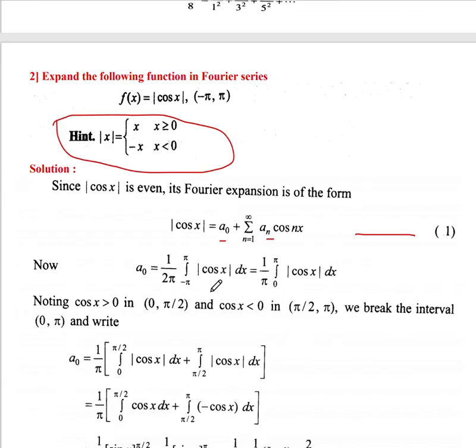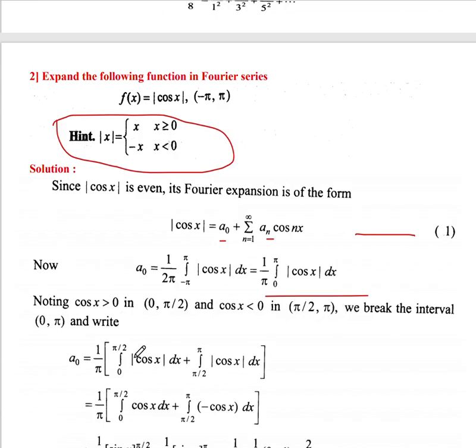Since mod cos x is an even function, this term can be written as 2 times integral 0 to pi mod cos x dx. So this 2 and the 2 times integral will get cancelled, so the only remaining term will be 1 upon pi integral 0 to pi mod cos x dx.